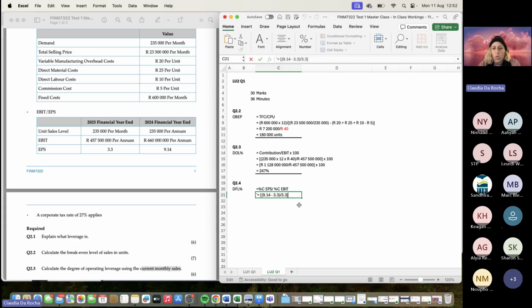And we're going to divide that all by the percentage change in EBIT. So our percentage change in EBIT was the 660 less the one in the previous year, all divided by your 2025 number like we did before, so the 557.